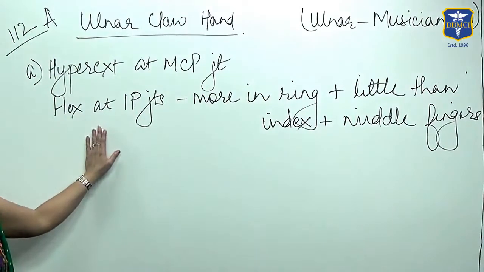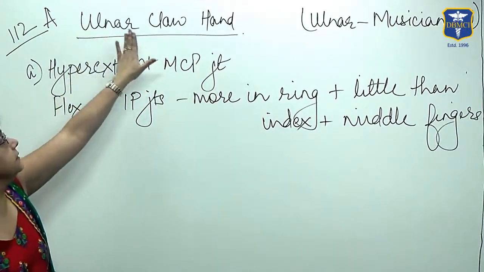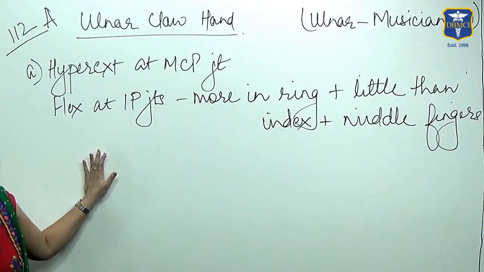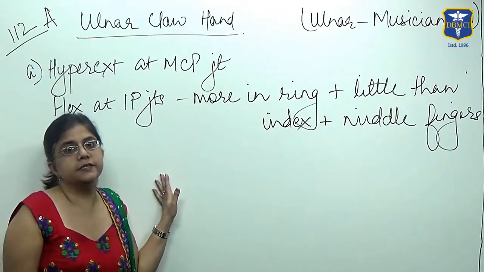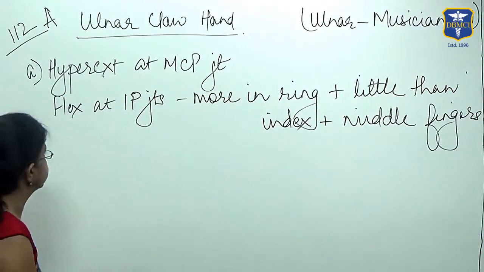This flexion at interphalangeal joints is more obvious when the ulnar nerve is injured at the level of the wrist. This is because the flexor digitorum profundus is spared in injuries at the level of wrist.